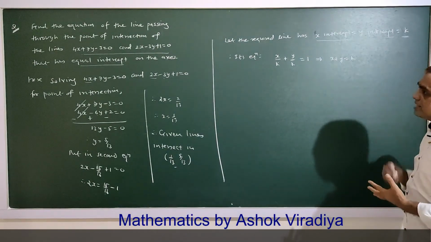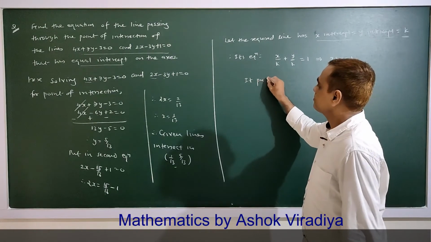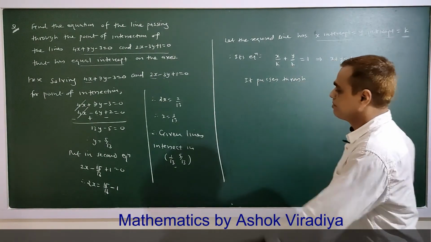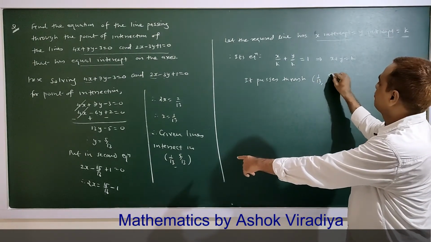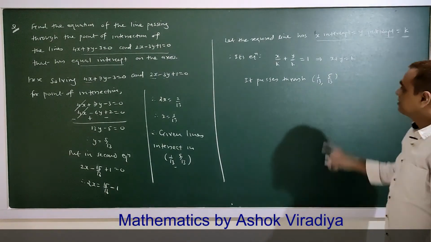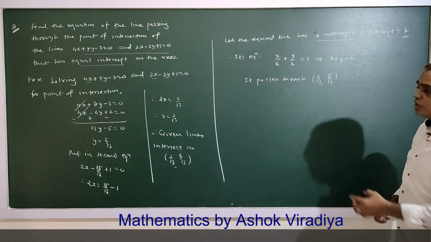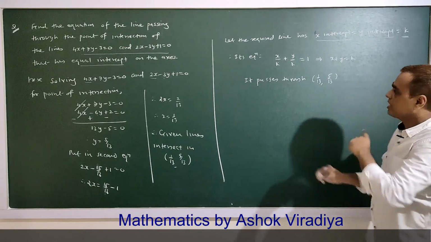Now this line is passing through 1 by 13 comma 5 by 13. So this point will satisfy this equation.